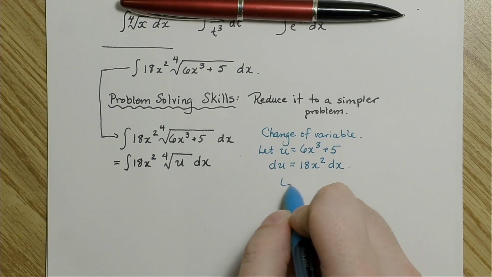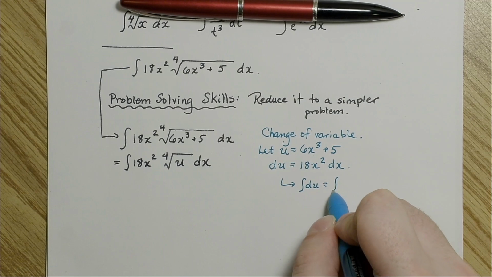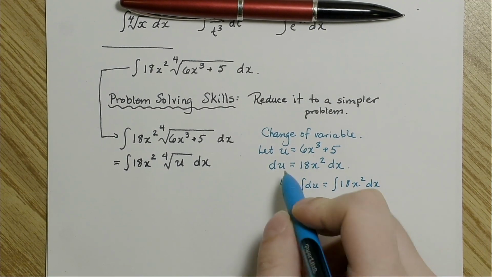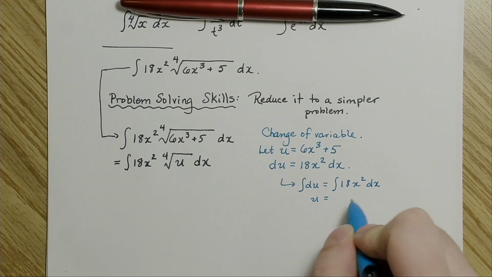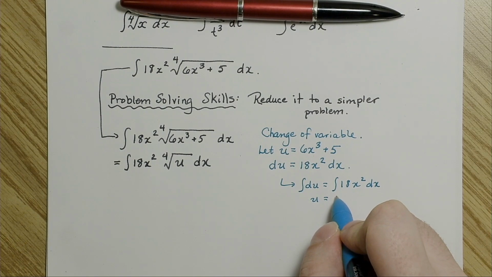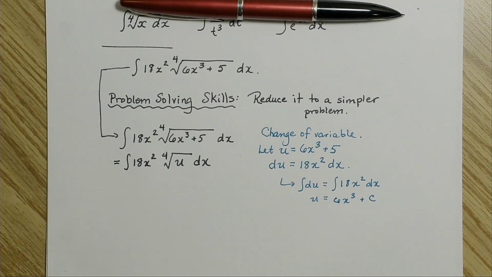And the idea is that if I integrated this, I get back to the original problem at the top there, 6x cubed plus c.